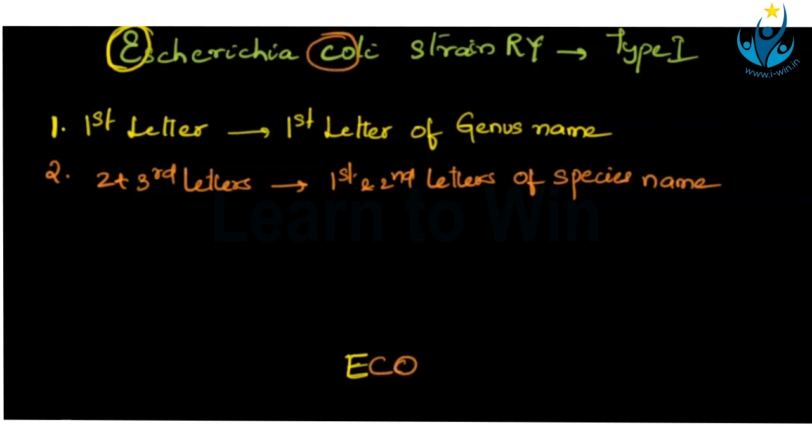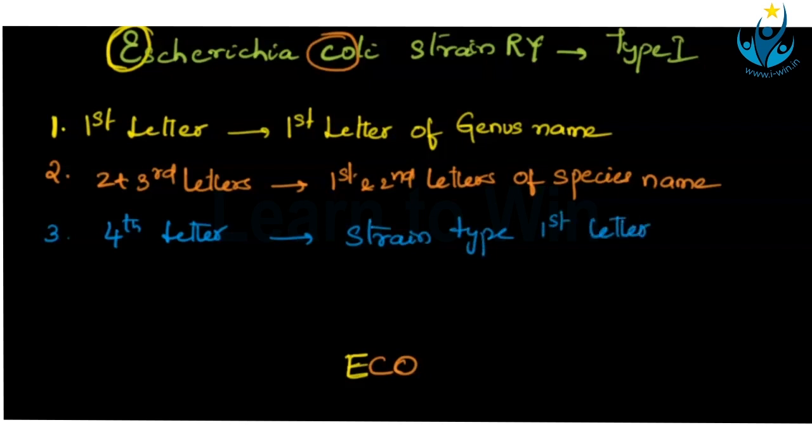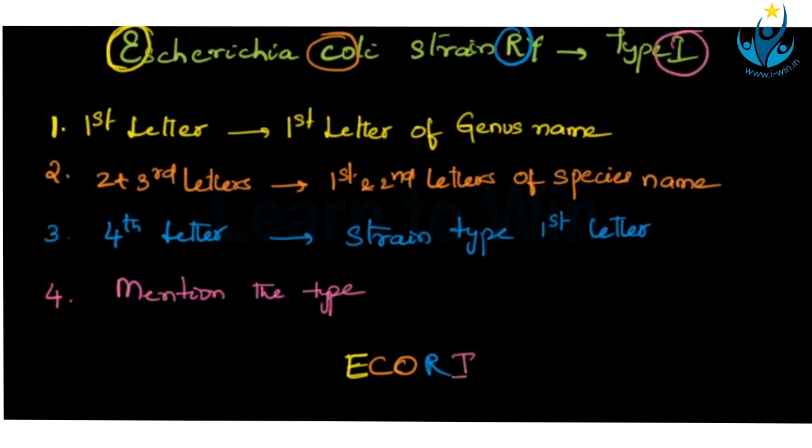CO. Then the last letter, the fourth letter, will be the first letter of the strain type. Now here the strain is RY, so the letter will be R. And lastly, coming to the Roman number, mention the type. What is the type here? 1. So the enzyme here is EcoR1.